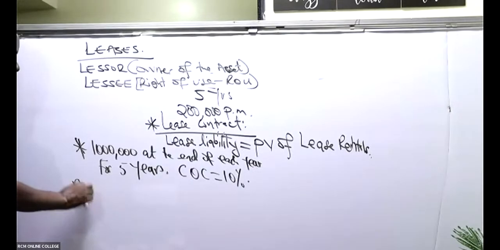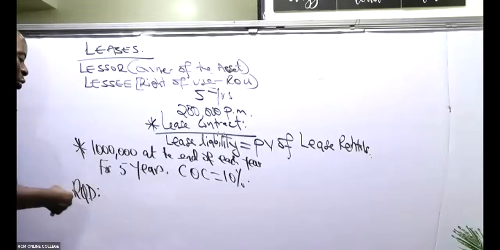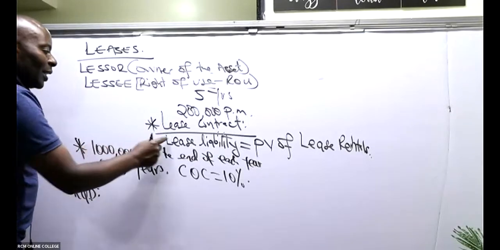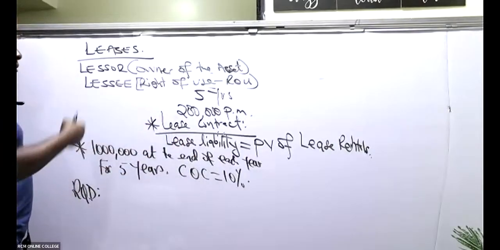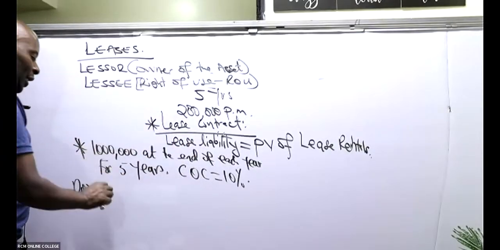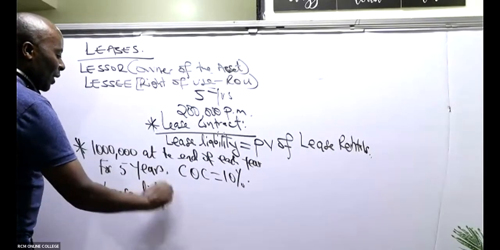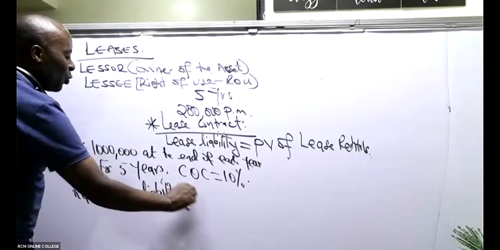Now, ladies and gentlemen, we are required to do something very simple. We are required, first of all, to know the amount of lease liability we owe. So how do we get the lease liability? Can I give you 2 minutes?